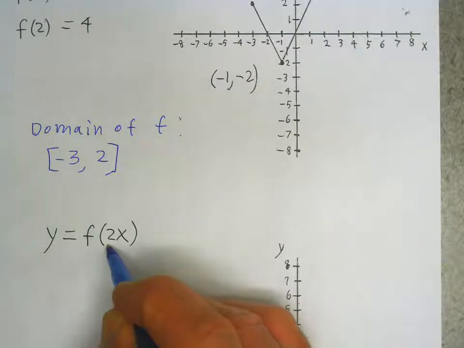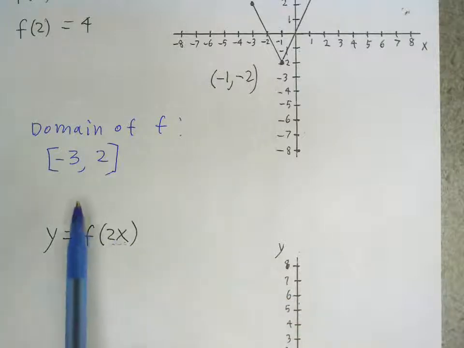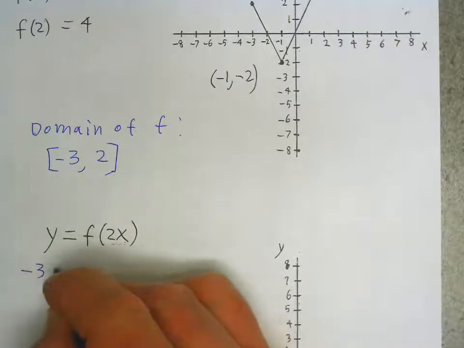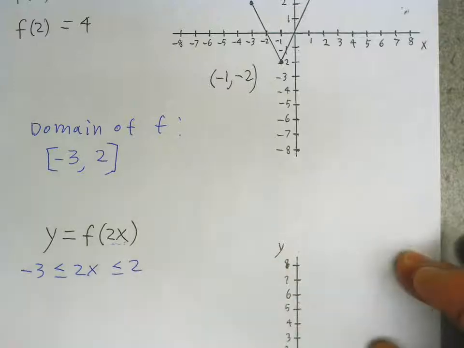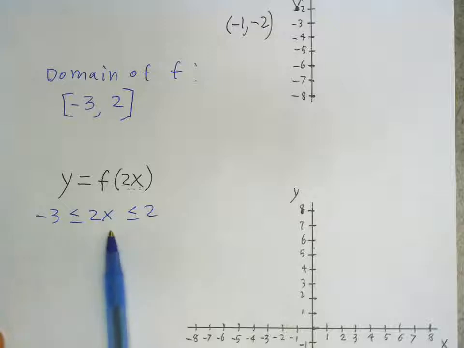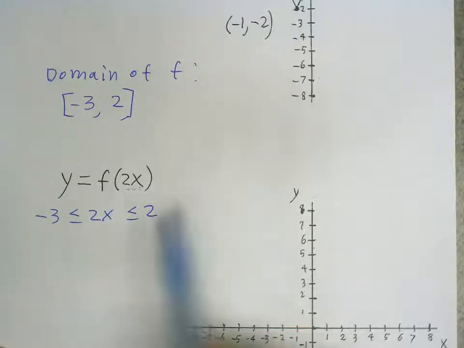Well, these numbers on the inside of the parentheses, the 2x values have to range between -3 and 2. So we write -3 is less than or equal to 2x, which is less than or equal to 2. And then we solve this compound inequality for x. We'll divide all three parts by 2.